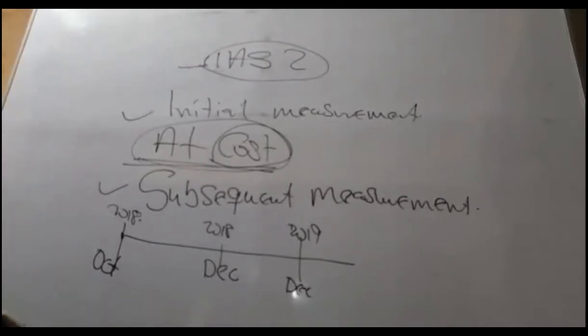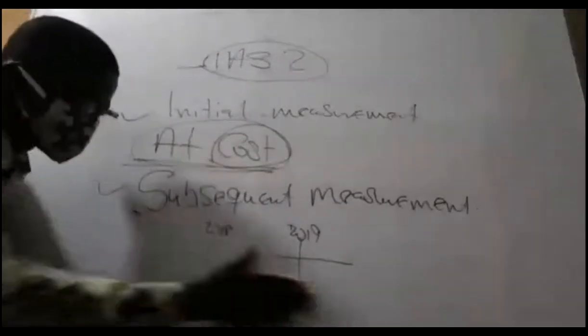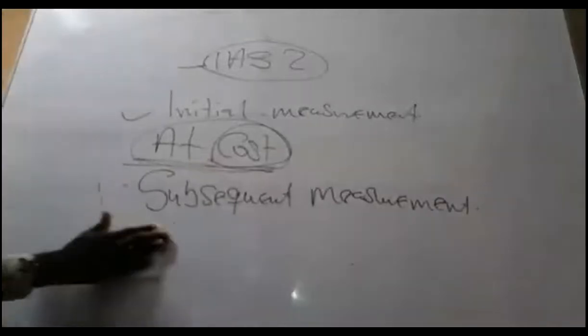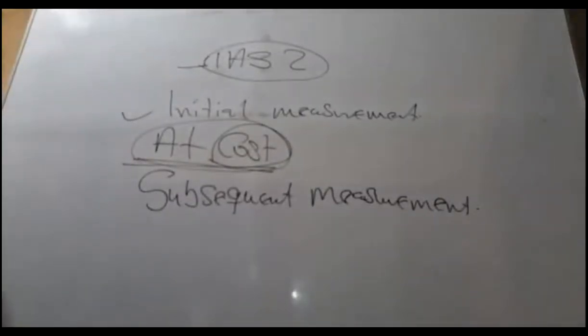Now let's look at the rule. It is very important. Subsequently, compare two items and select the lower. So inventory must be measured at what? The lower of cost and net realizable value.